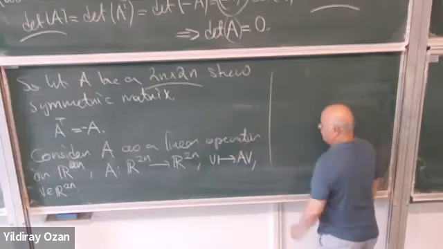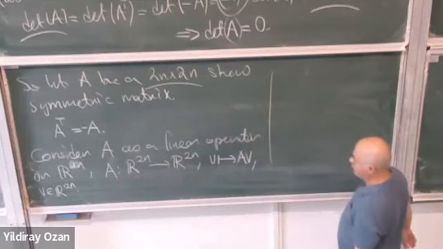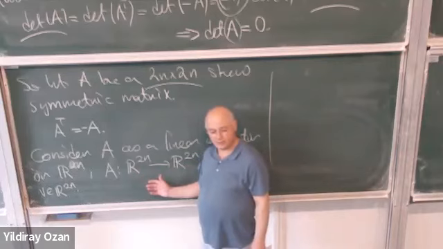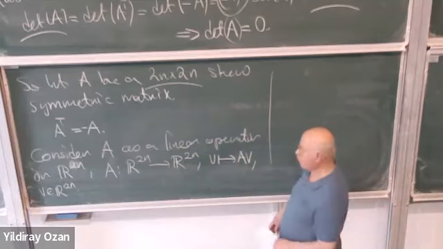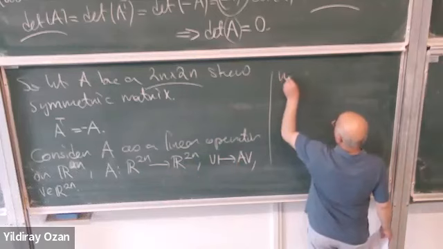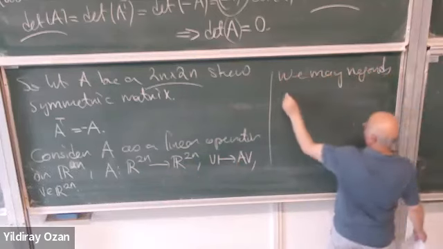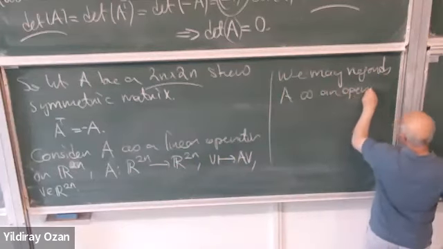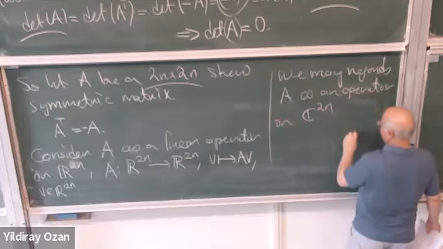Well, we've seen that such an operator probably has no real eigenvalue. But what we can do, we can just tensor this vector space by C and consider the whole thing over complex numbers. We may regard A as an operator on C^2n.